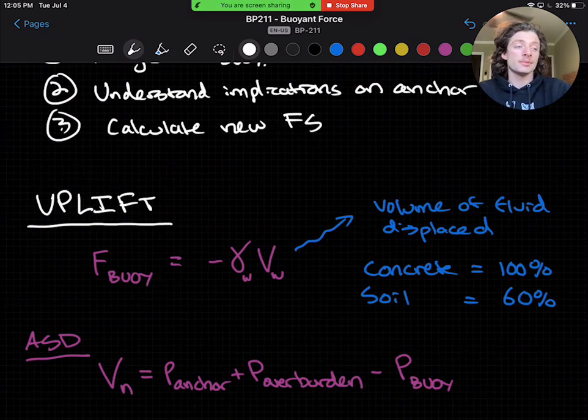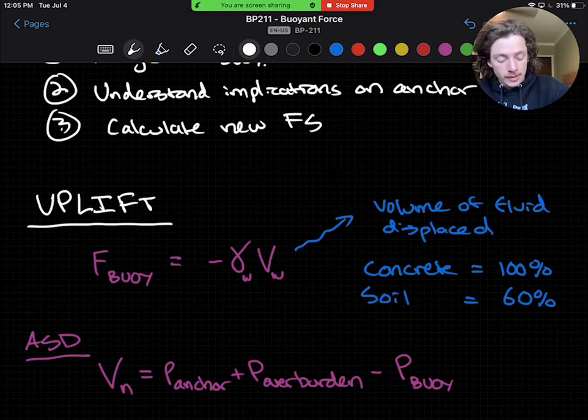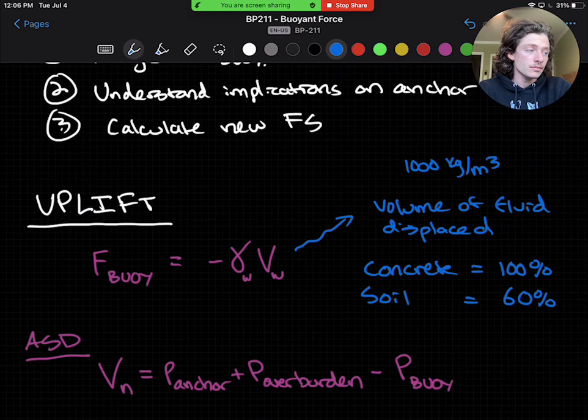Using Archimedes' Principle, our buoyant force is going to be equal to the volume of the fluid displaced multiplied by the unit weight of the fluid, in this case, water. And our density for water, as you may remember, is 1,000 kilograms per meter cubed.